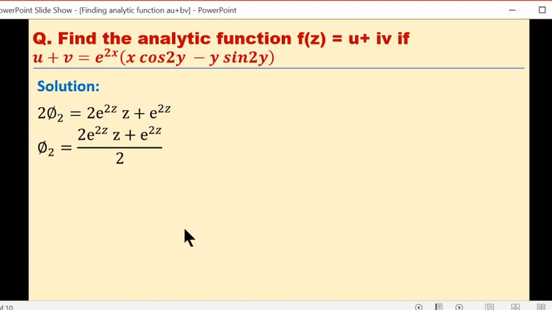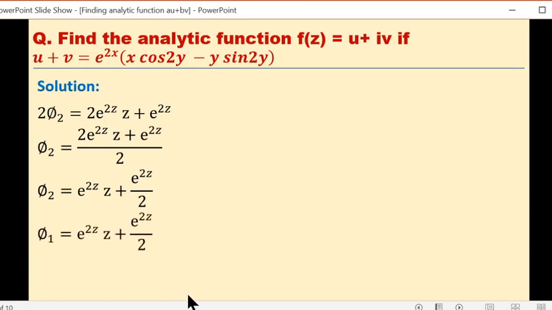So we got the expression for phi 2. इसको separately divide किया तो here when you divide this 2 e raised to 2z into z upon 2, the 2 will get cancelled. We get e raised to 2z into z plus e raised to 2z upon 2 remains as it is. So we have got phi 2.